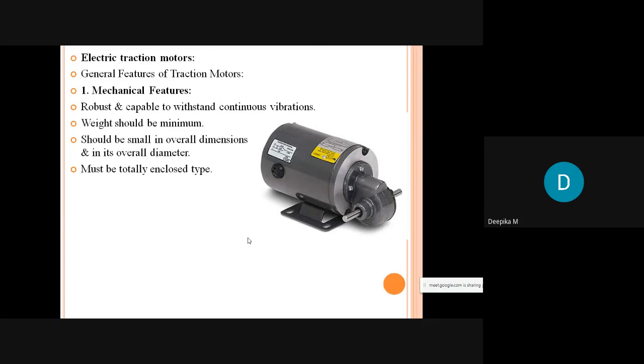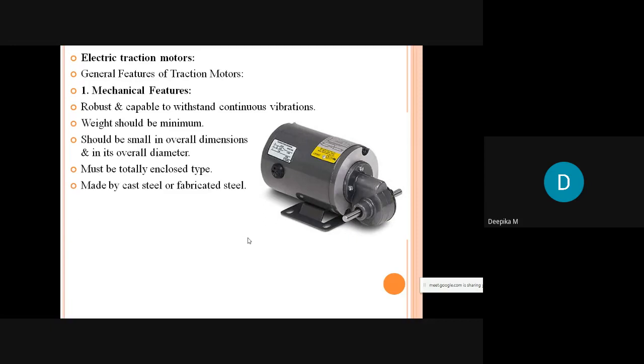If there is any water content, there may be a possibility of electric shocks. Therefore it should be totally enclosed type, protected from dirt, dust or any kind of water content.